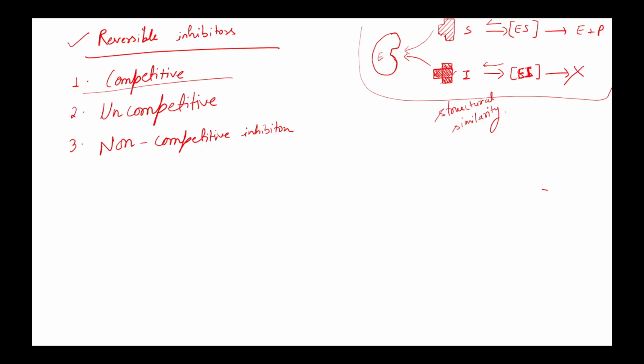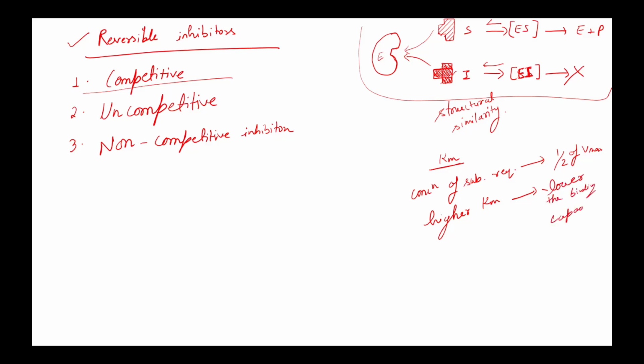As we know, the Km of the reaction, which we already discussed, is the concentration of substrate required to reach half of the Vmax. Okay, so the higher the Km, the lower the binding capacity or lower affinity.